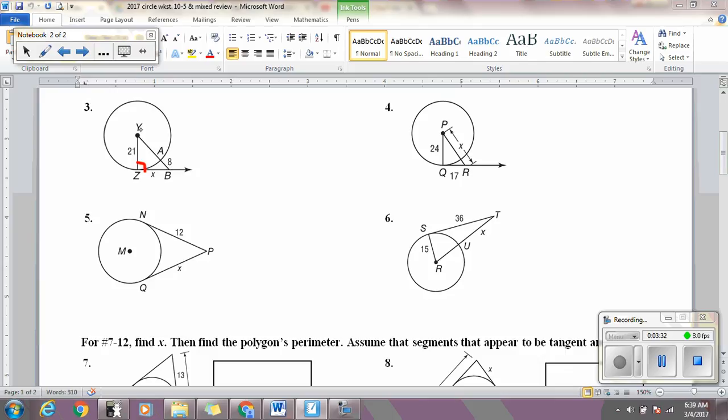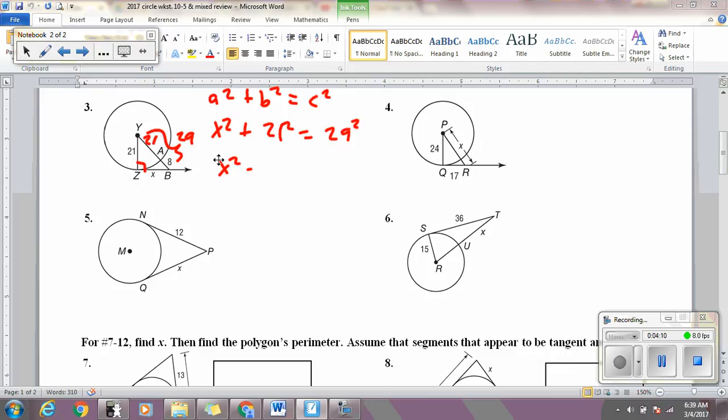We know that Y to A is also a radius, and in the illustration, Y to Z is a radius, and it's 21, so that means Y to A should also be 21. So when I combine 21 with 8, I would get 29 for C. So now again, I'm using the Pythagorean theorem.